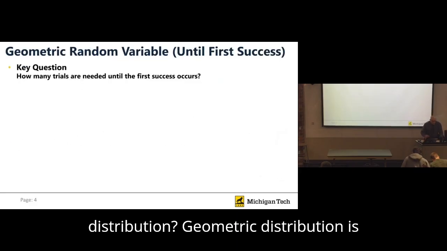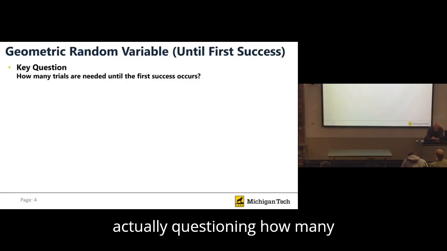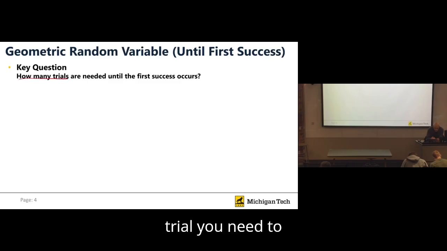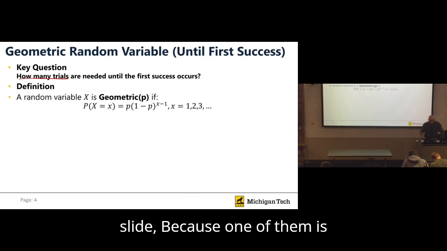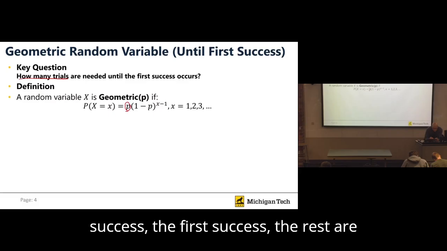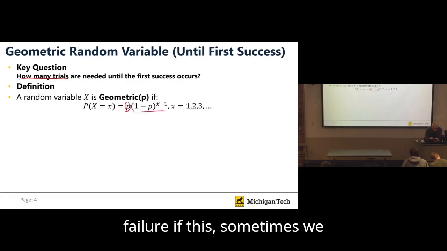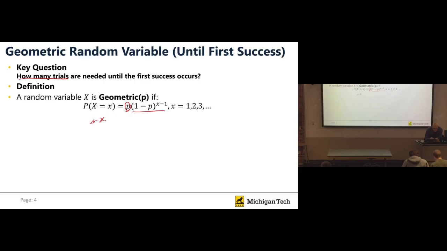The geometric distribution asks how many trials you need to do until the first success. As I explained in the first slide, the first success is one, and the rest are failures. Sometimes we call this X is K, the number of trials.